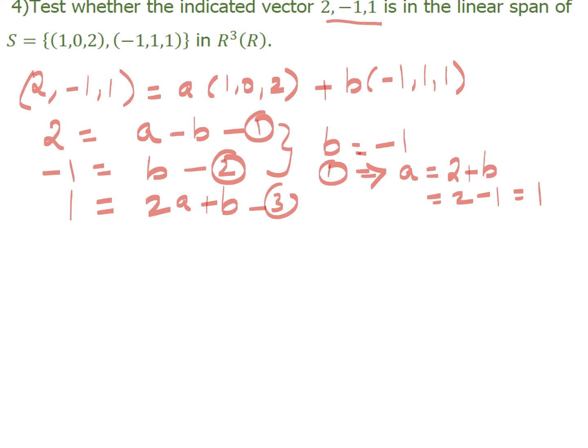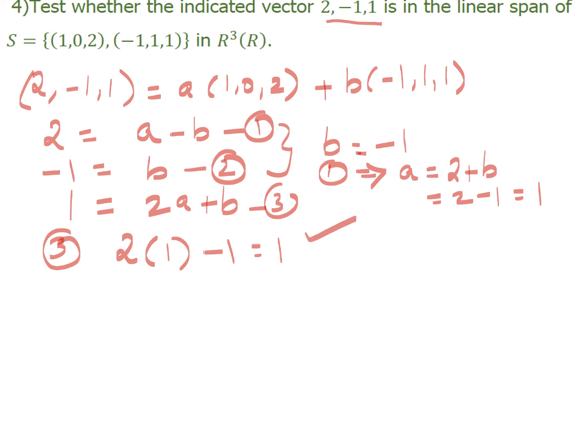So let us check whether equation 3 is getting satisfied with these two values, A and B. When I substitute A as 1 and B as minus 1, I am able to see that it gets satisfied.